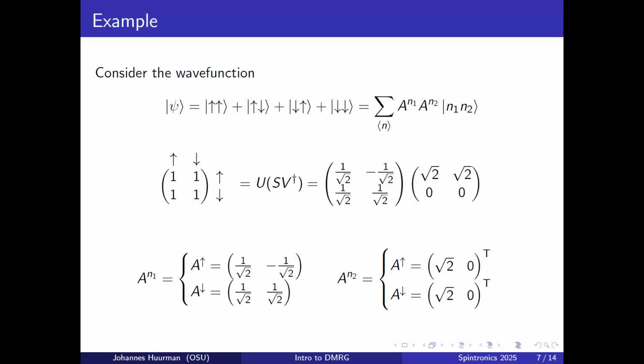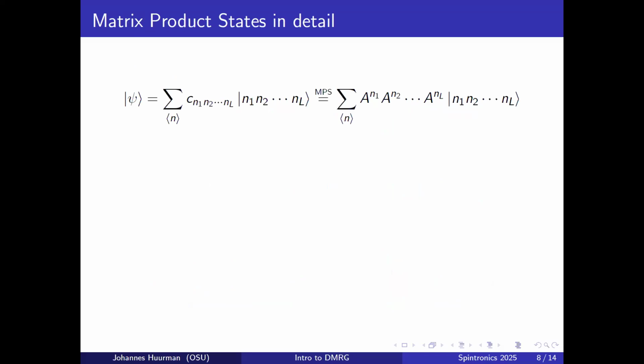And so this is just a very quick example to illustrate the idea and to motivate the theory of matrix product states. So again, more generally, we want to take this wave function amplitude and represent it as a product of these matrices or these tensors A, superscript, and then whatever the state is.